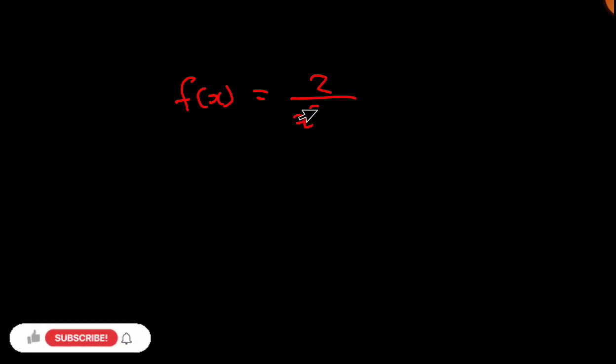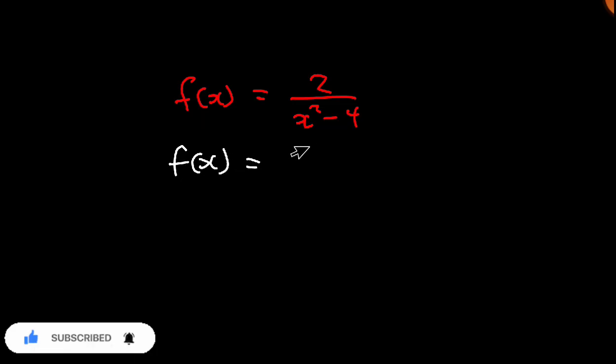Now let's find the vertical asymptote of this function, f of x equals 2 divided by x squared minus 4. Sometimes we may need to factor either the numerator or the denominator. So let's factor the denominator, since the numerator is in its simplest form. So f of x is equal to 2 divided by x squared minus 2 squared, which is a difference of 2 squares.